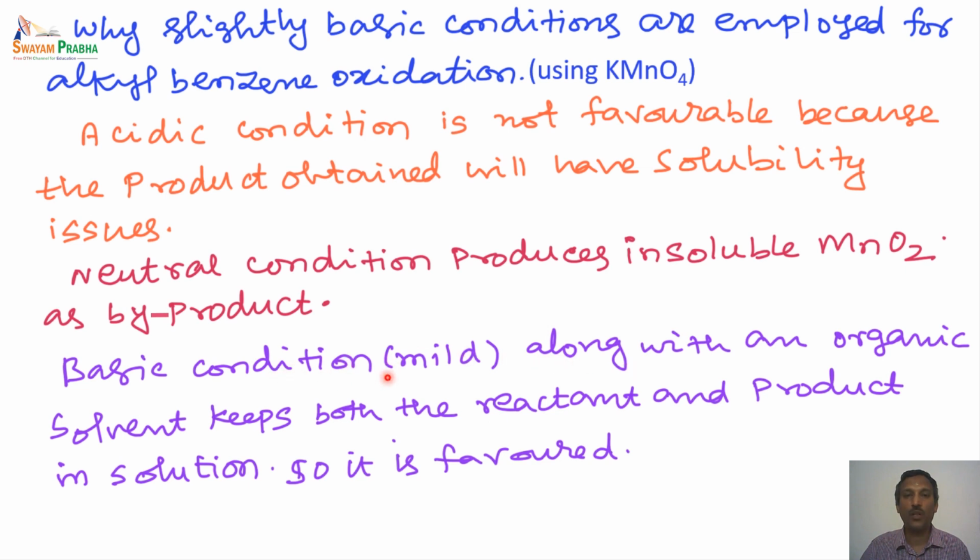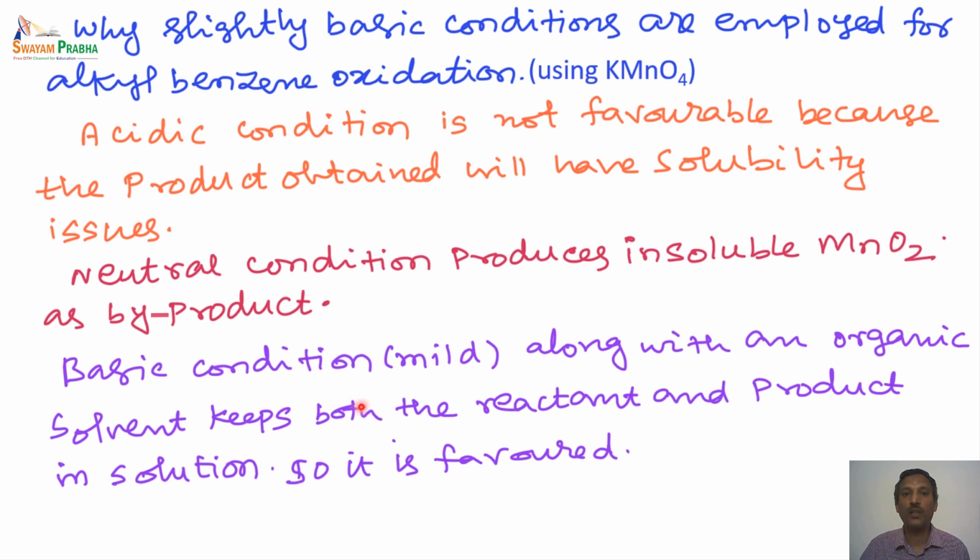In this case, the product, the carboxylic acid, is soluble, because under basic conditions the carboxylic acid is present as the sodium salt or whatever the corresponding counterion present in the basic condition. So the carboxylic acids are soluble in the basic medium, because when we do this reaction, the solvent mixture contains water and the organic solvent to keep the alkyl benzenes in solution.